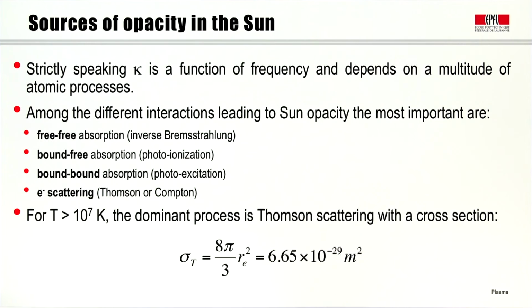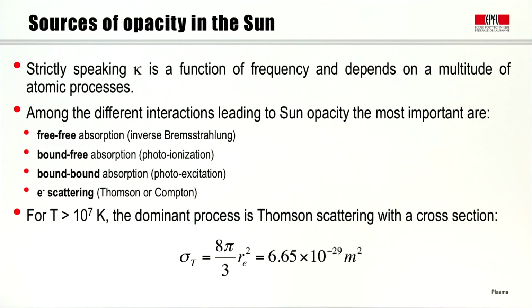What are the sources of opacity in the Sun? Strictly speaking, the opacity is a function of the frequency of the electromagnetic radiation and also depends on a multitude of atomic processes. In the Sun, among the different interactions leading to opacity, the most important are the inverse Bremsstrahlung, or free-free absorption, the bound-free absorption, or photoionization, and the bound-bound absorption, or photoexcitation.